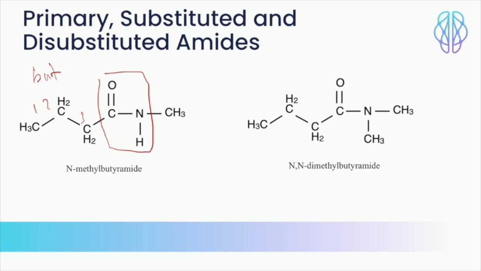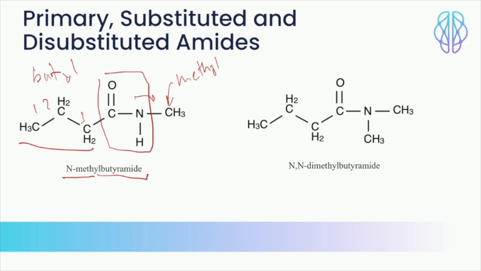The other substituted alkyl group is 1 carbon long. That's this one. So that's methyl. Next, we name it based on this alkyl group here. So that's butyramide. However, there's an N-methyl group attached to this butyramide, right?